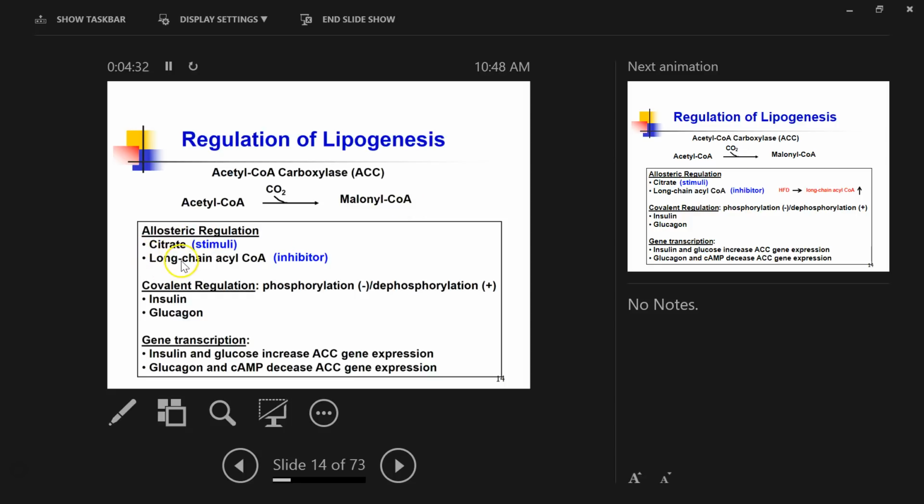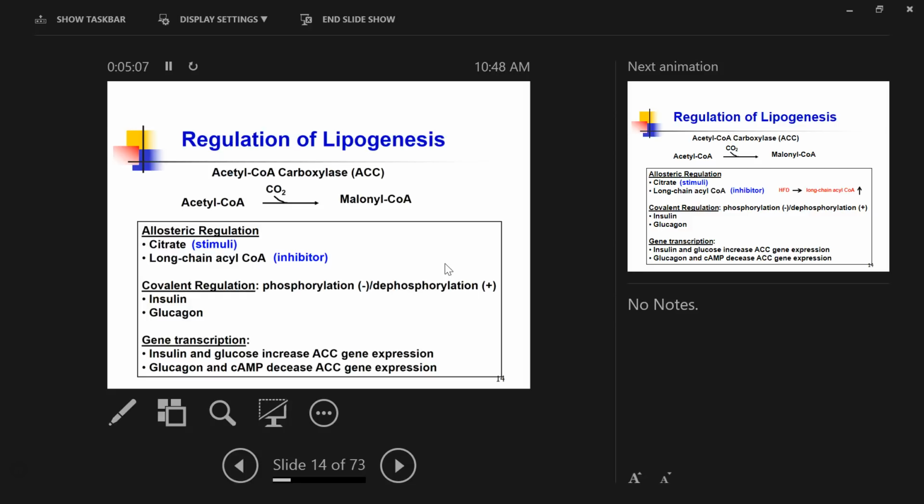And all three types of regulators that we talk about here regulate this specific enzyme, ACC, right? So citrate stimulates ACC activity, and long-chain acyl-CoA inhibits ACC activity. That is also the reason why a high-fat diet suppresses lipogenesis, because the long-chain acyl-CoA level will be high in the circulation when we consume a high-fat diet.